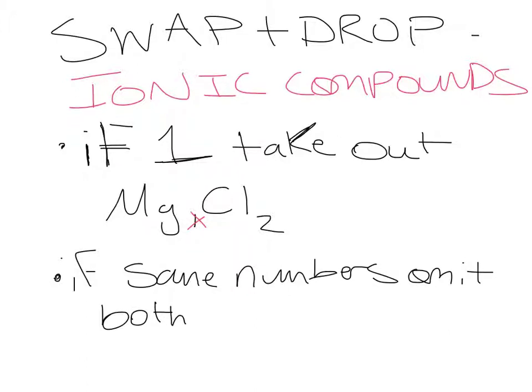Alright, so that other example is Ca2O2. Those have the same number right there. So we're going to just cross that out. So this is going to be CaO.